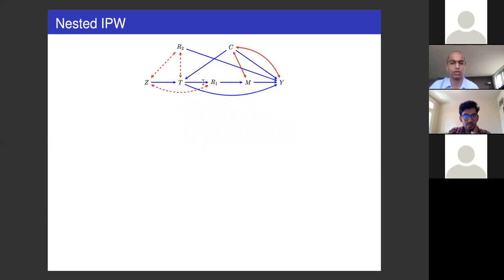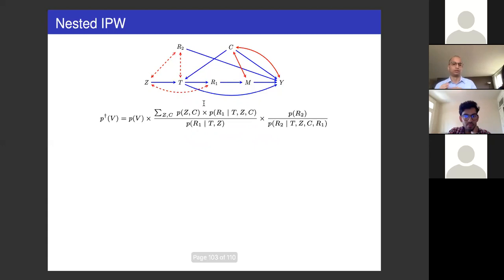Even though the observed data distribution that we were given contains these bidirected edges that serve as a hindrance to estimating the target that we want, we can imagine trying to get to a distribution where these bidirected edges are just missing. We try to vanish them away. It turns out that we can arrive at such a distribution, and we'll call this P dagger V.